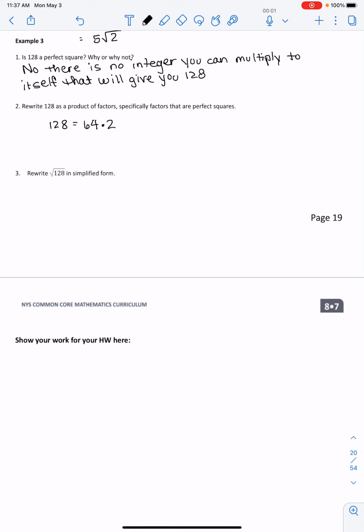So to rewrite the square root of 128 in simplest form, square root of 128 is going to equal the square root of 64 times 2, which would equal square root of 64 times the square root of 2. So the square root of 64 is 8. Square root of 2. That ends our lesson for today.